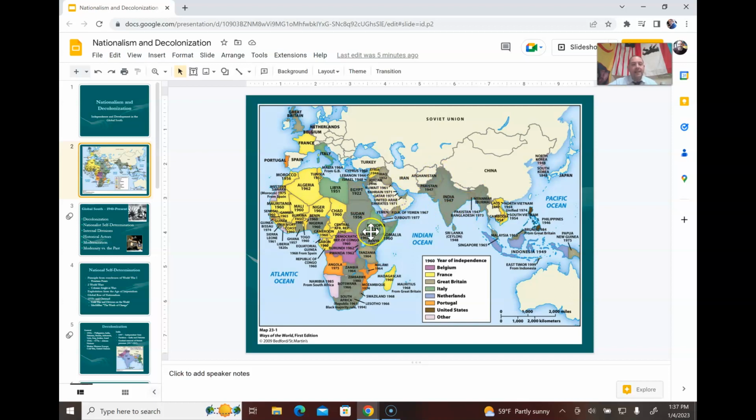And when we get into the years after World War II in particular, Egypt had already received its independence by 1922, but Sudan does not receive its independence until 1956. Zambia, 1964. Kenya, 1963. And all of this independence occurs really late into the 20th century, in the second half of the 20th century.